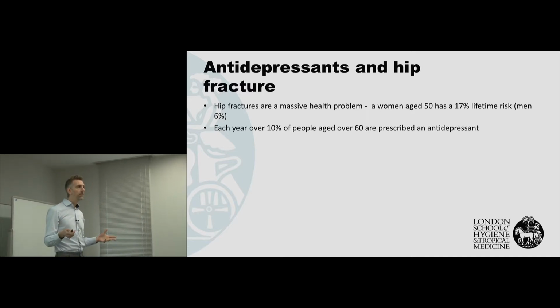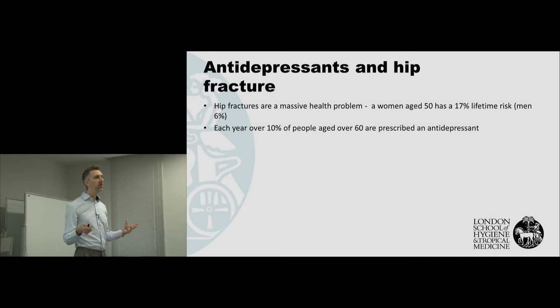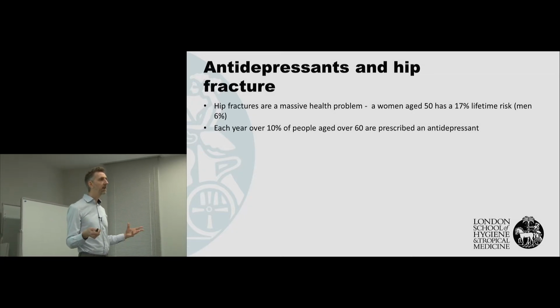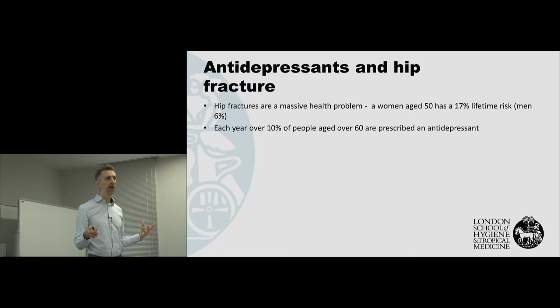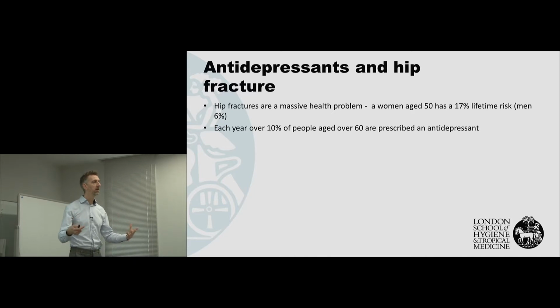But each year, for people aged over 60, 10% of them are prescribed an antidepressant. So if we're concerned that antidepressants may lead to hip fractures, this could be a big public health problem because it's a common exposure and a common outcome. So it's a question that really matters.